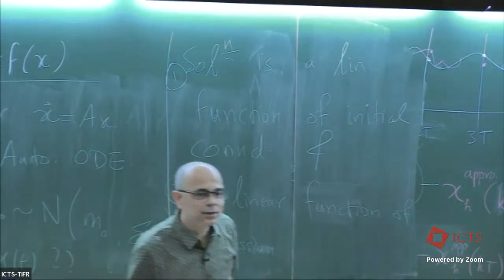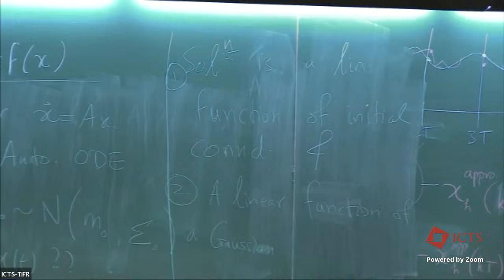I will keep using the term Gaussian random variable or a normal random variable interchangeably. Same thing, no difference whatsoever. That means that it has a probability density given by the mean and a covariance matrix. I haven't written down the density for an n-dimensional random variable, but if needed, we'll do that in a minute.